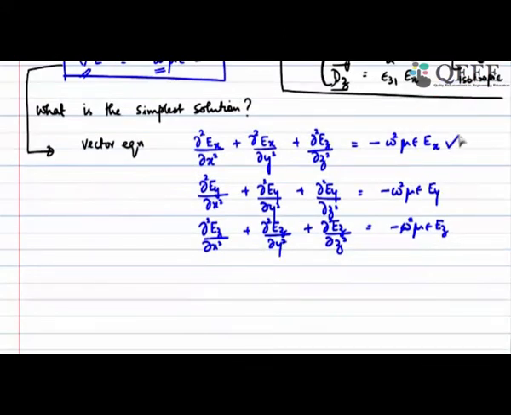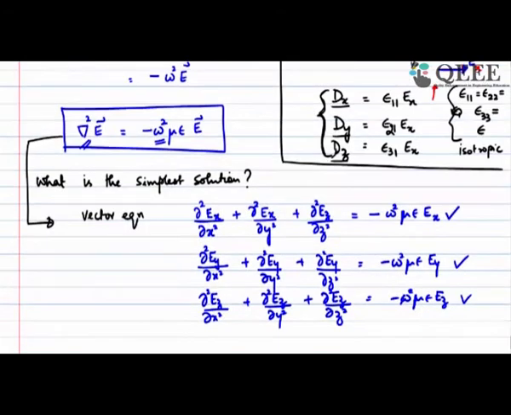So this is telling you how the x component is varying as a function of space. This is telling you how the y component is varying. This is telling you how the z component is varying as a function of space. All this is hidden in this equation.